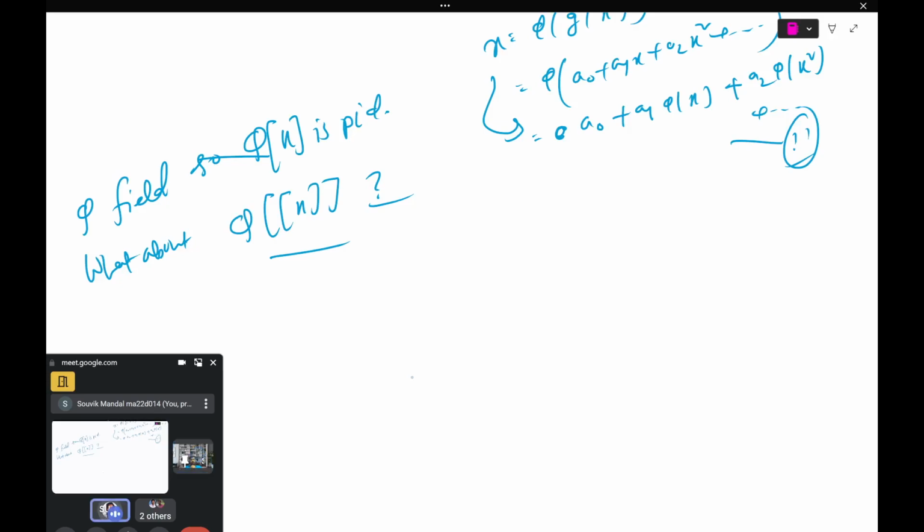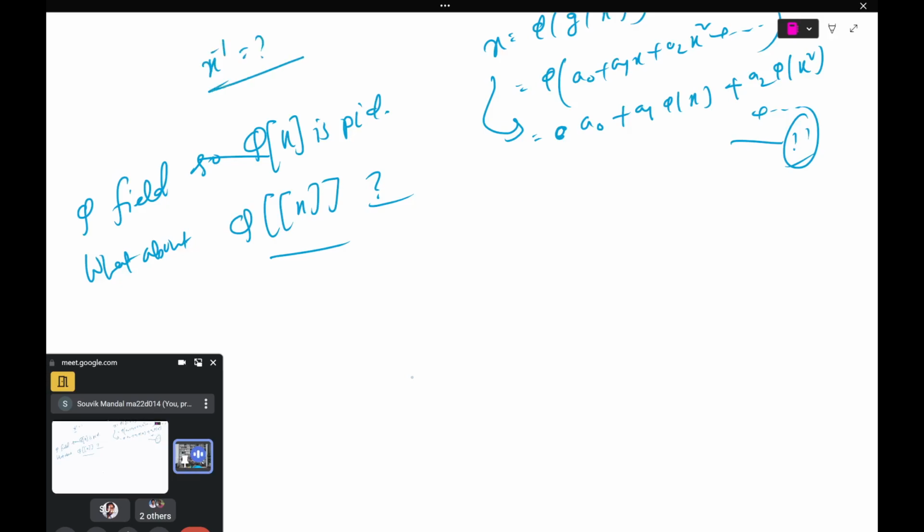Q[x] is a field, so that means PID also. What you have just said? Q[x] is not a field. What is the inverse of x?